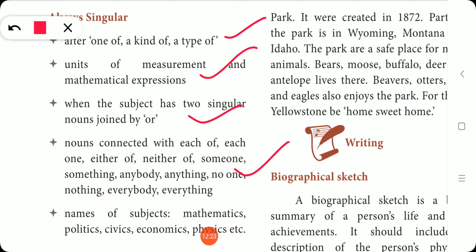Okay, next one, names of subjects like mathematics, politics, civics, economics, physics. Okay, so all this should be followed by a singular auxiliary verb. See, let me give you some examples.